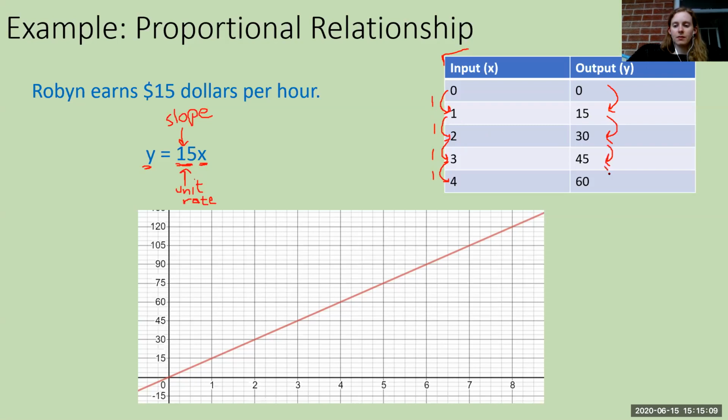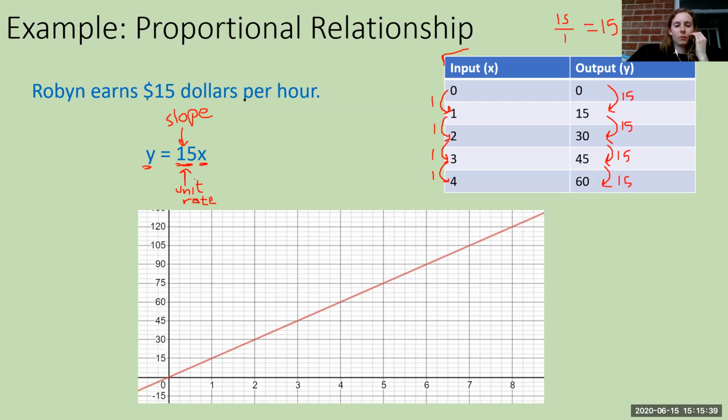So it's the same every time. Every time y goes up by 15, x is going to go up by 1. So that's a change in y of 15 and a change in x of 1. So $15 per 1 hour, or $15 an hour.